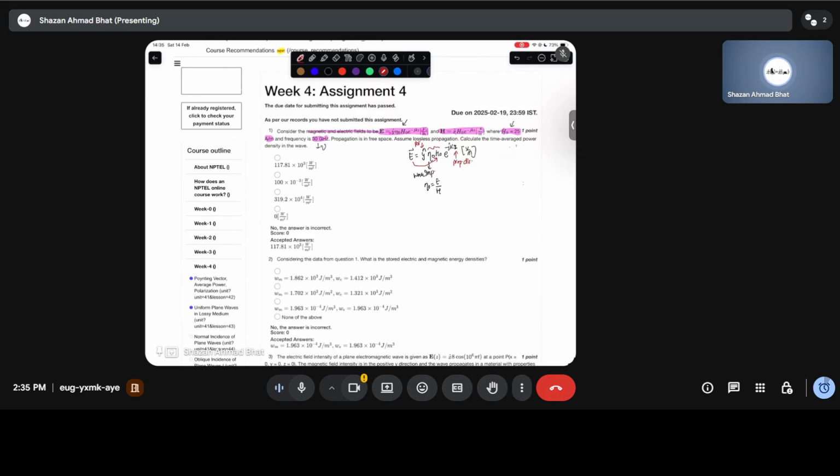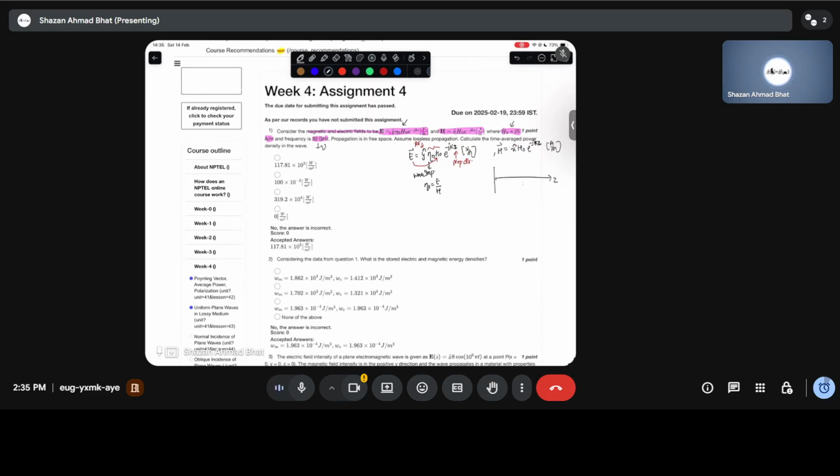Now this is for the electric field component. What about the magnetic field component? These are vectors, so you have to put the notation over the top to separate them from the other quantities. So you have x cap H naught e to the power minus j k z in amps per meter. This is the magnetic field of the same electromagnetic wave, which is propagating in the z direction.